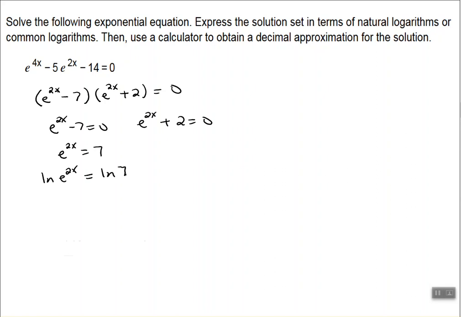So the natural log of e to the power of 2x is simply 2x. Now I can solve for x by dividing both sides by 2, which approximates to about 0.97.